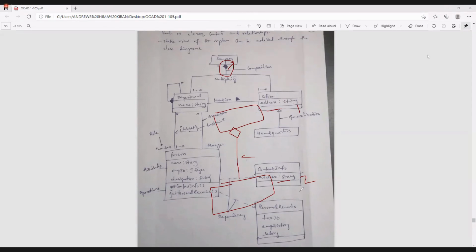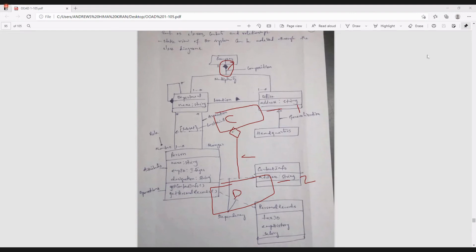For example, here I'm using aggregation in college and department. This is aggregation between college and department. The meaning of this is, a college may contain or may not contain a department.